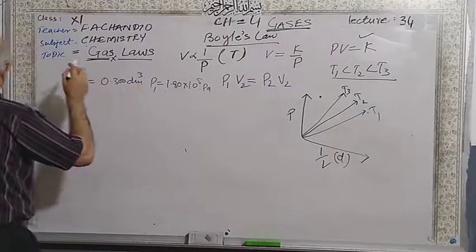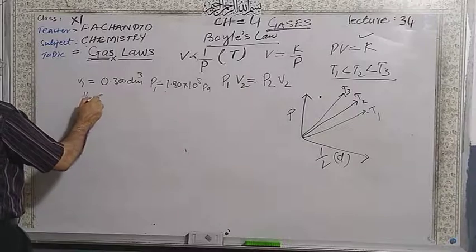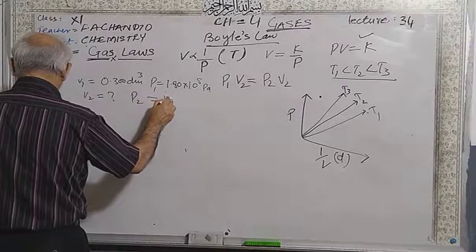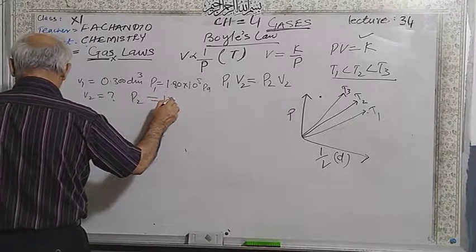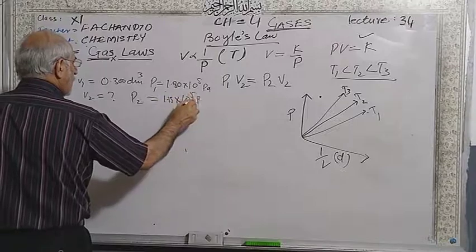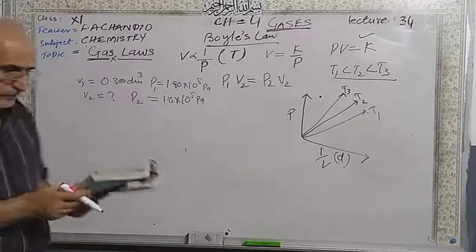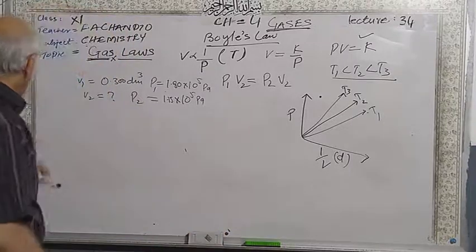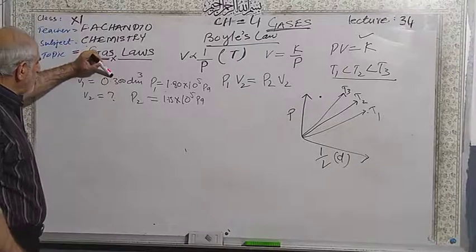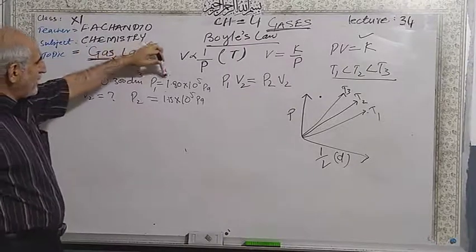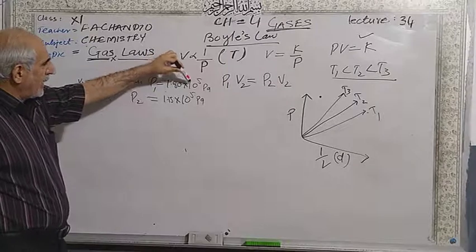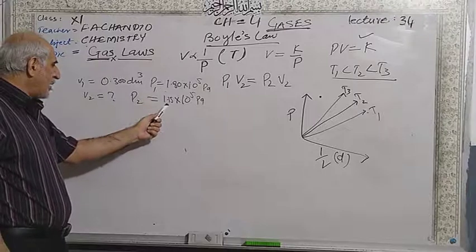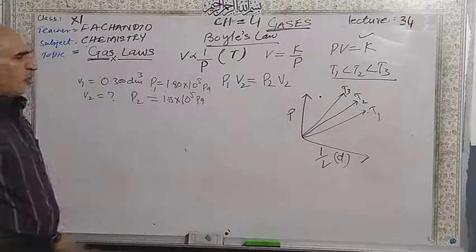What is the volume V2 when the pressure P2 is changed to 1.15 into 10 raised to the power 5 Pascal? So dear students, you can see the result: the volume of gas is 0.3, and when the pressure decreases from 1.8 into 10 raised to 5 to 1.15, the volume is going to increase.